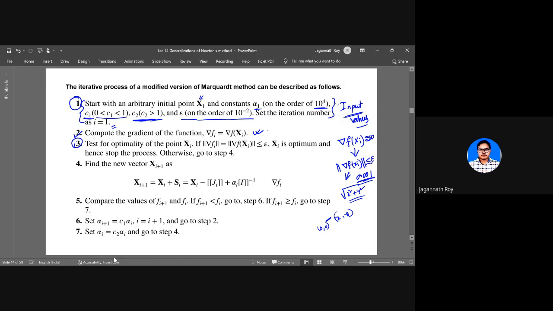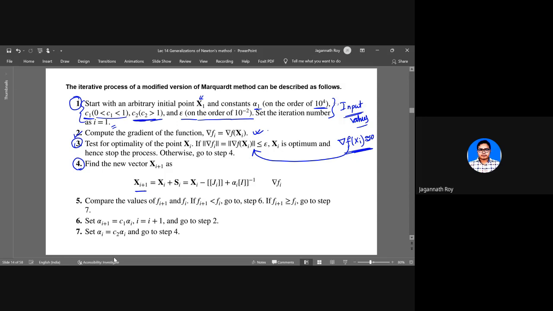Otherwise, we have to proceed next. For optimality, just remember that we have to satisfy this equation, that the gradient at xi is almost equal to 0. This is another way of saying that. Otherwise, we go for the next iteration, the next step, that is to find xi plus 1.